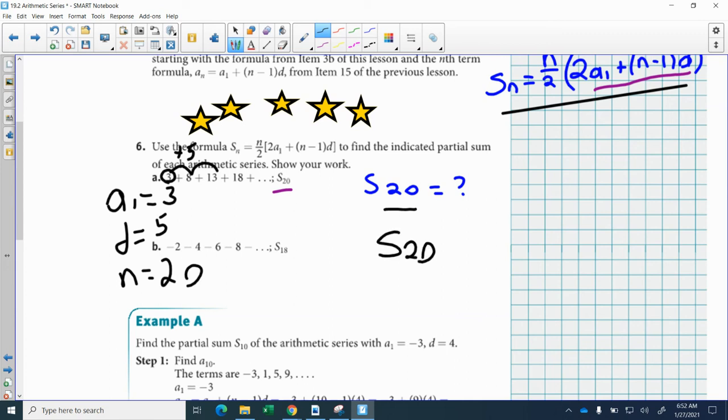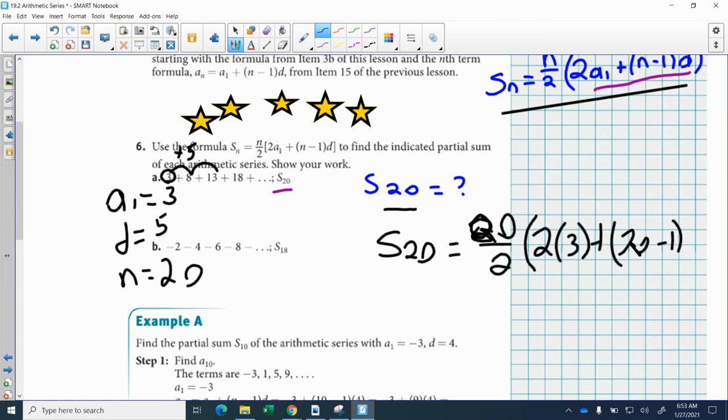If I want to find the sum of the first 20 terms, that would be equal to 20 over 2 multiplied by 2 times a of 1, which is 3, plus n minus 1, n is 20, so we have 20 minus 1, times our difference.